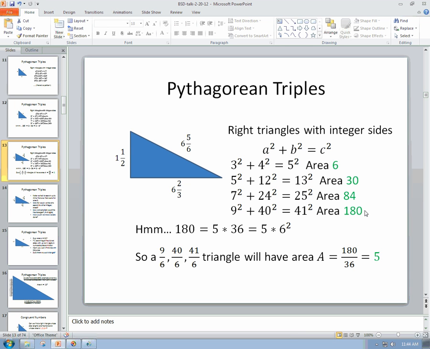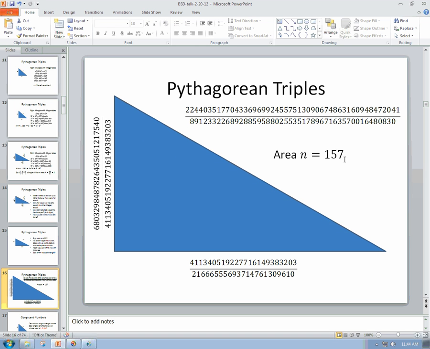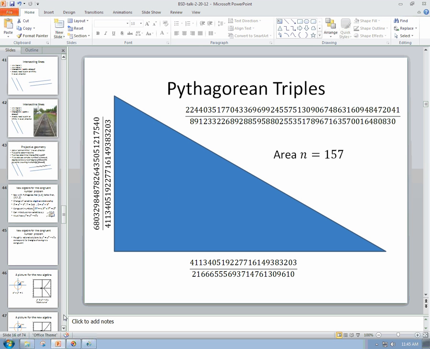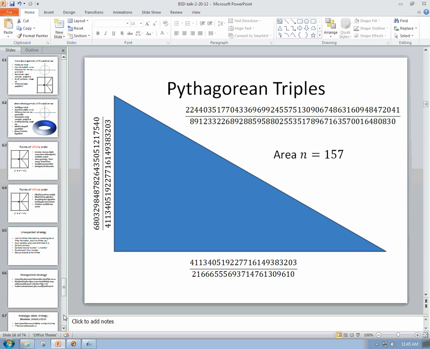I was looking for area equal to 5, but it was 36 times 5, and so we scaled it down, and we have the right area. But remember how hopeless that was. If we keep looking and looking and we don't find one, we don't know. We might just have not looked far enough. Like this one was an illustration that we had to look incredibly far to get a measly 157 for an area, not a complicated number. So there is a pseudo-algorithm for this, but it's never guaranteed to stop, and it's really not a good way to look. And it's definitely not a way to ever prove that a number is not congruent.